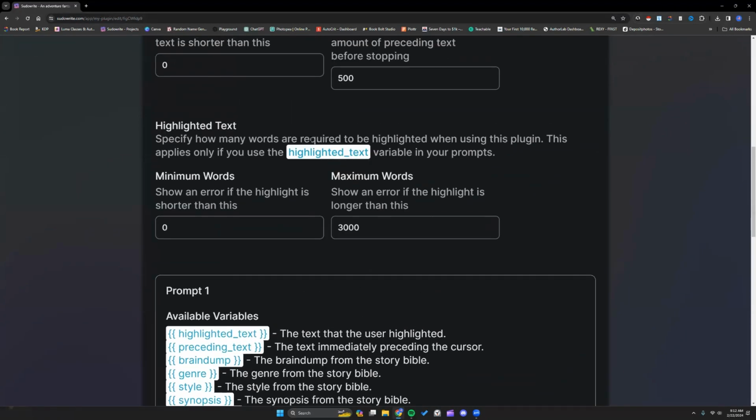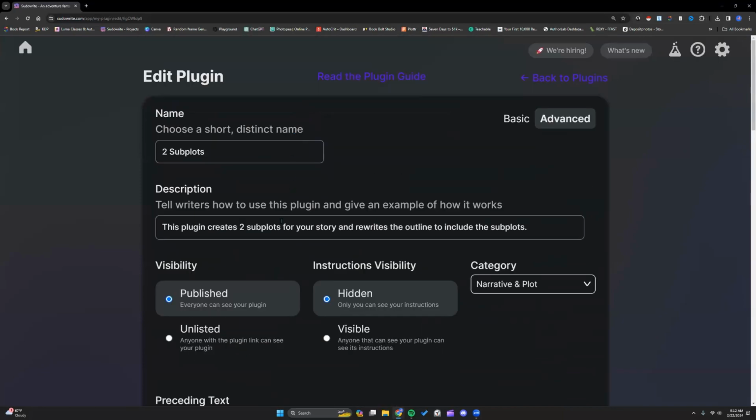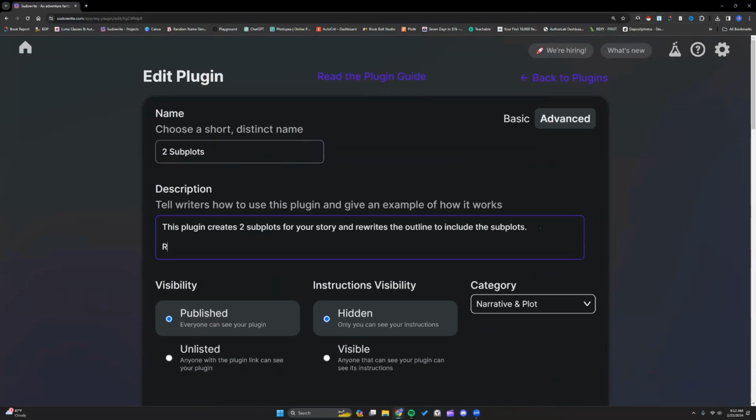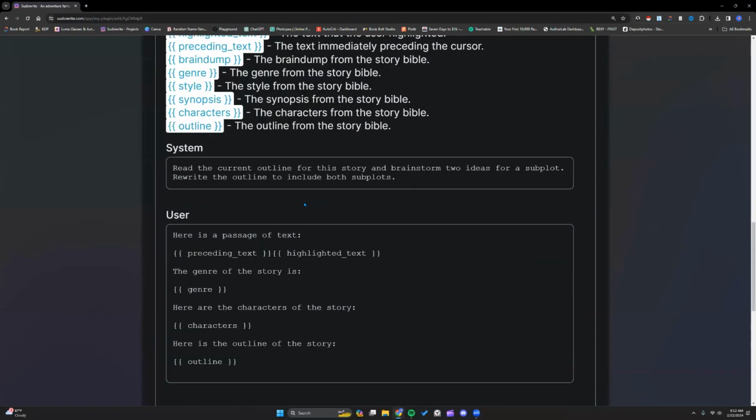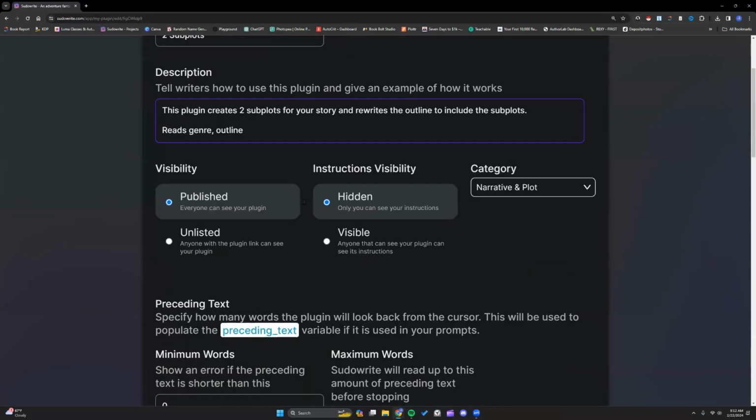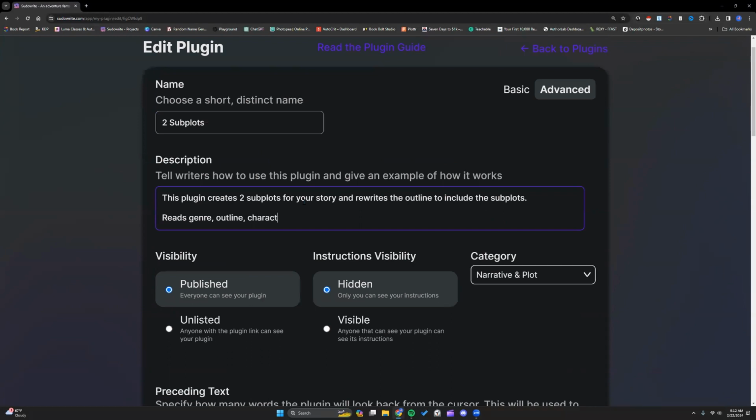Okay, so I can highlight up to 3,000 words. There we go.